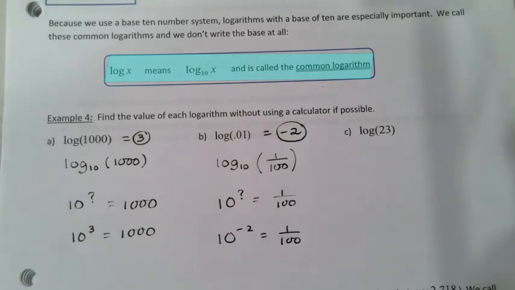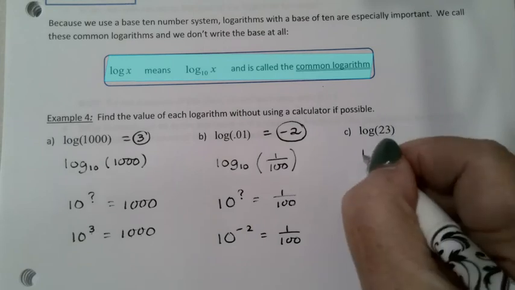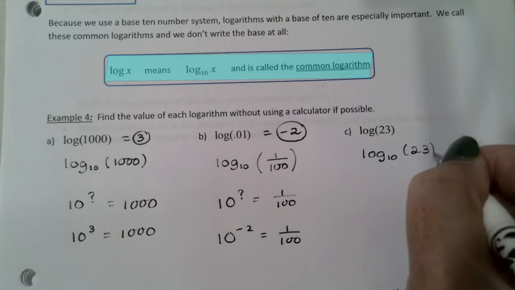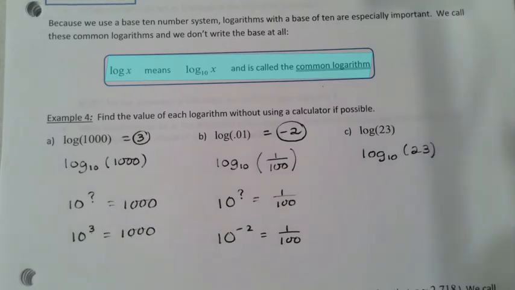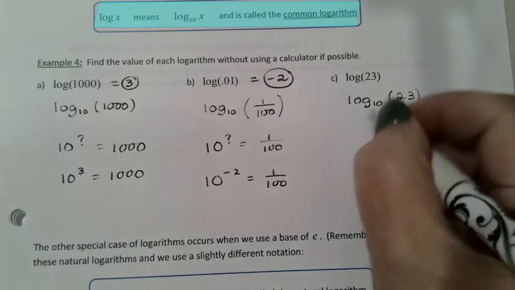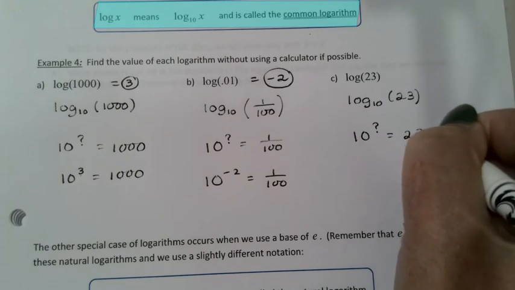All right, the last example here, the log of 23, could be written as the log base 10 of 23 if I wanted to. When the base isn't written, it's always automatically 10. And so what I'm asking is 10 to what power gives us 23?